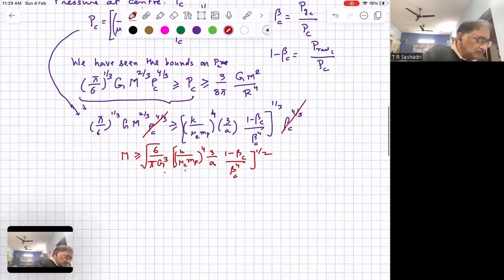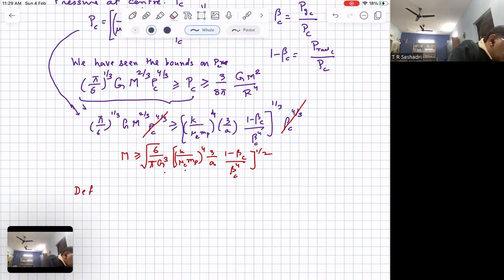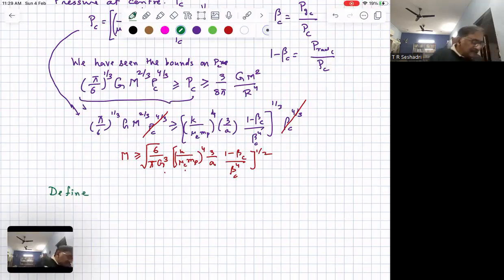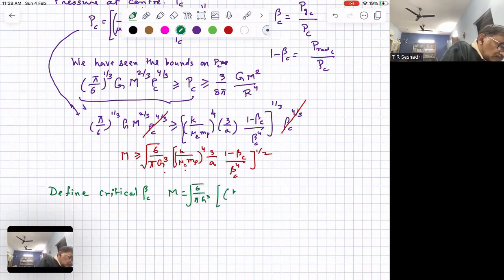Okay. Now, we go something further. We define a new quantity, which is like the critical beta, defined as M* = (6/pi)(1/G^3)^(1/2)(k/(mu_c m_p))^2 [(3/a)((1 - beta*)/beta*^4)]^(1/2).